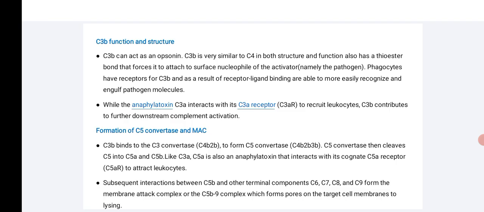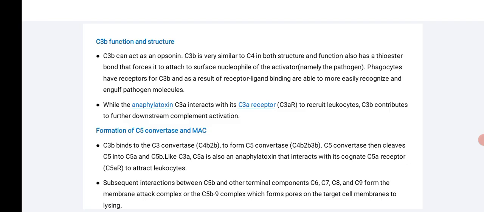The final step of this classical pathway is the formation of C5 convertase and MAC. C3b binds to the C3 convertase to form C5 convertase. Then C5 convertase cleaves C5 into C5a and C5b. Like C3a, C5a is also an anaphylatoxin that interacts with its cognate C5a receptor to attract leukocytes.